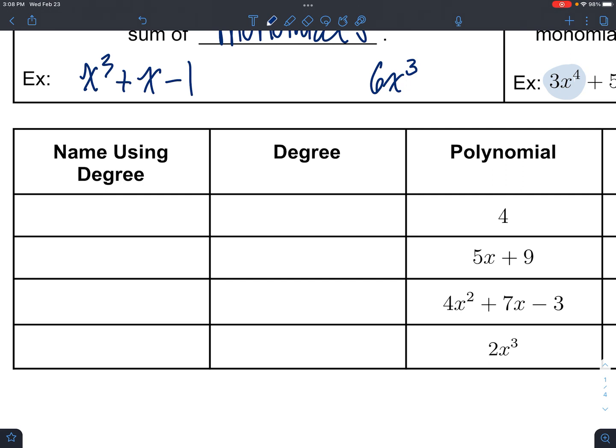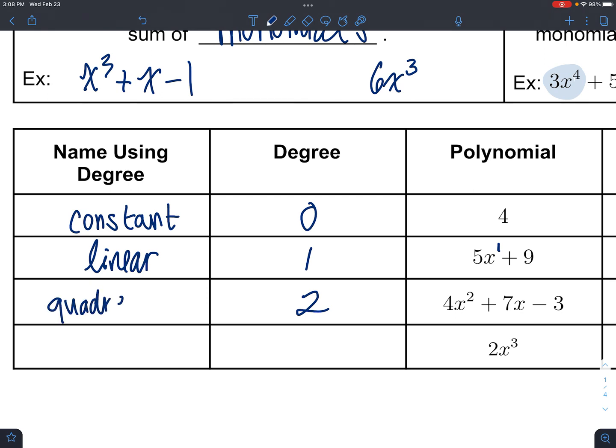I already said this before, a number alone is called a constant, and the degree is 0. A polynomial is called linear if the degree is 1. So this power right here is a 1. The next one has a degree of 2 because it's the biggest exponent, and that's called a quadratic. And finally, we have a degree 3, which is called cubic.